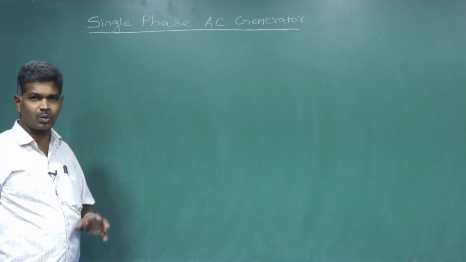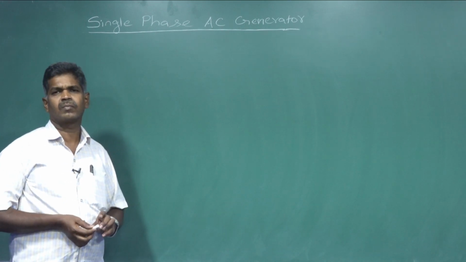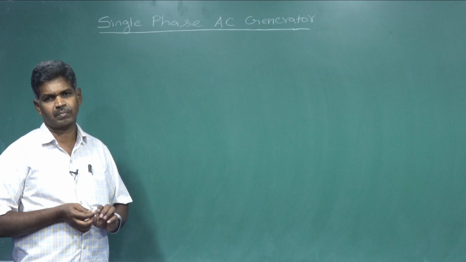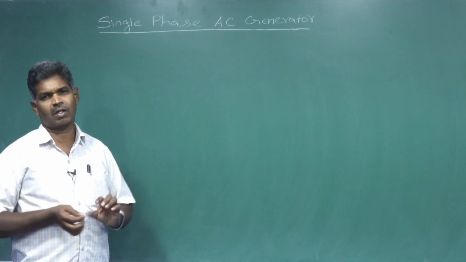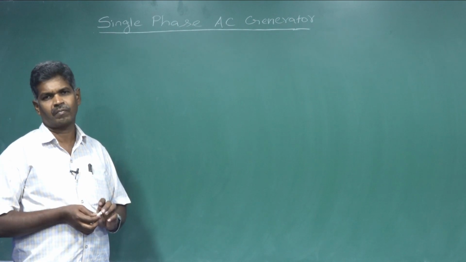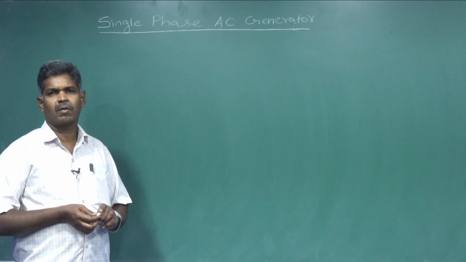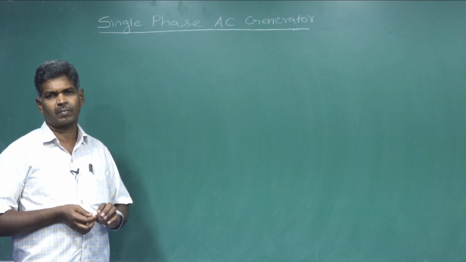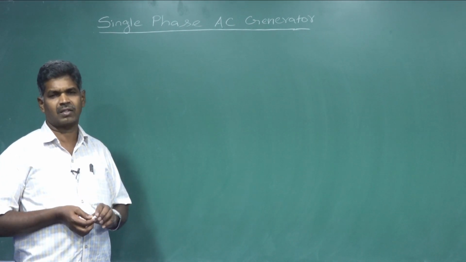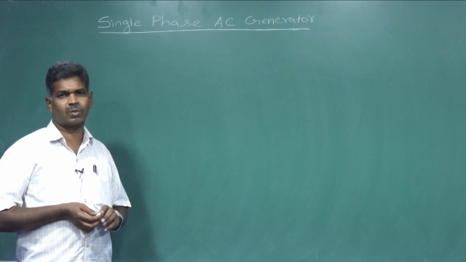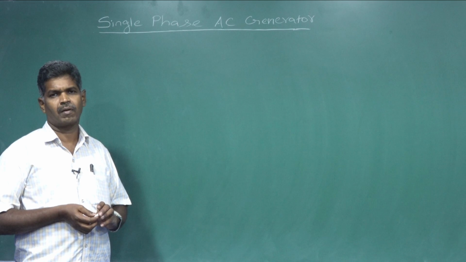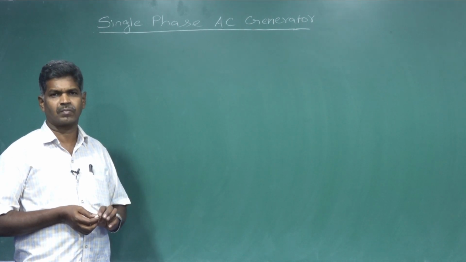When that armature is linked with a change in magnetic flux with respect to time, EMF is produced across the ends of the armature. At the same time, that EMF makes the electrical current generate. That generated electrical current can be taken out from our circuit and used for many purposes.